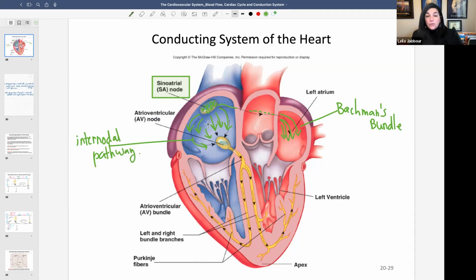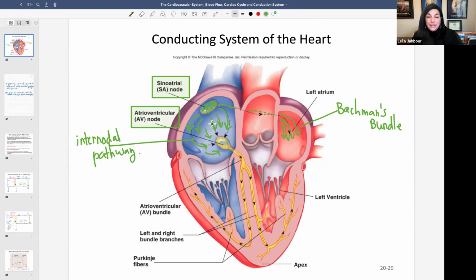It's a collection of branches that are going to not only stimulate all of the myocytes in the atrium, but the goal is to stimulate the node. That's what's over here at the base of the right atrium, the atrioventricular node.